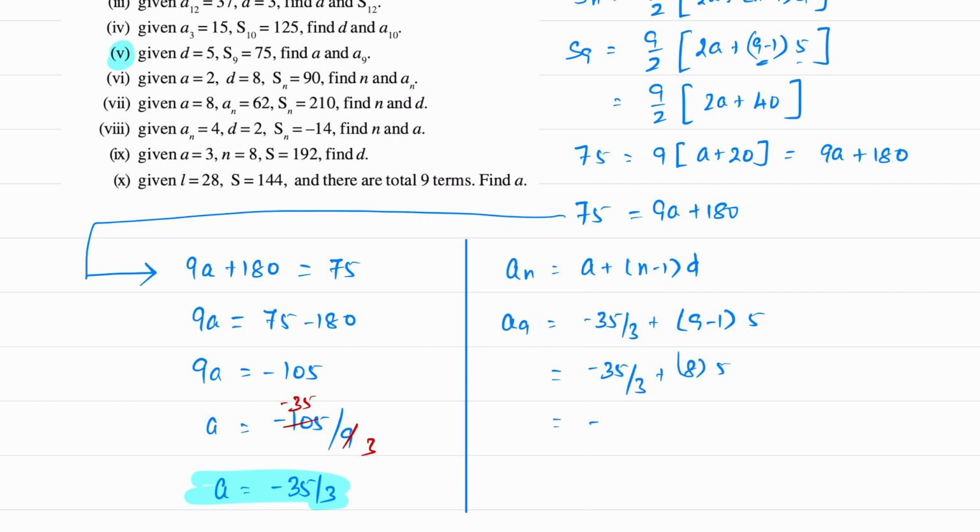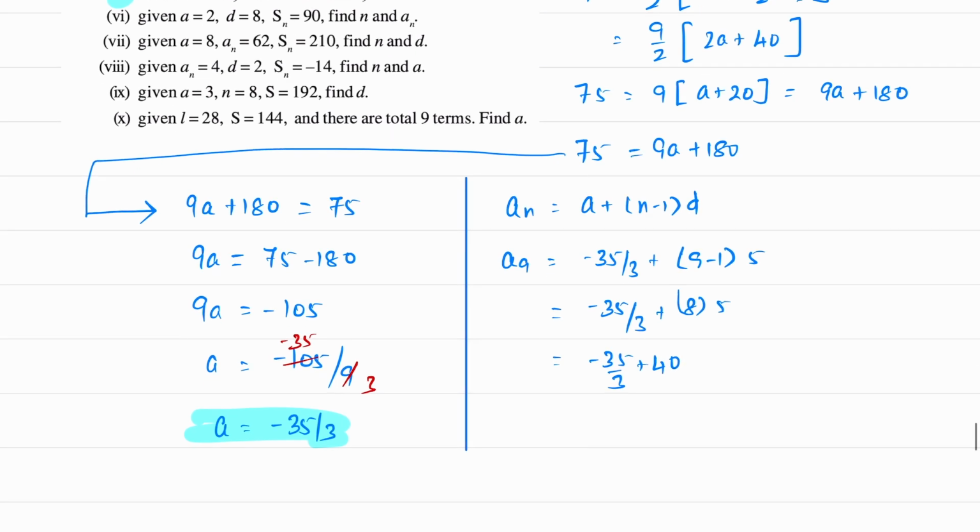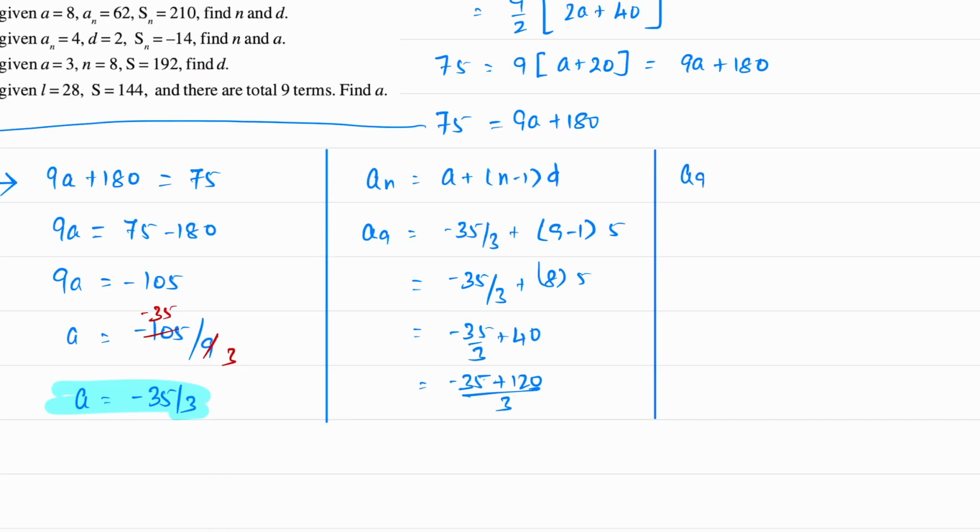This is negative 35 over 3 plus 40, and if you simplify this, this is negative 35 plus 120 over 3, or a9 equals 85 over 3. So this is the value of the ninth term. So a equals negative 35 over 3 and a9 equals 85 over 3. So this is our answer.